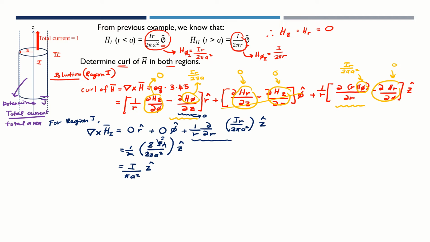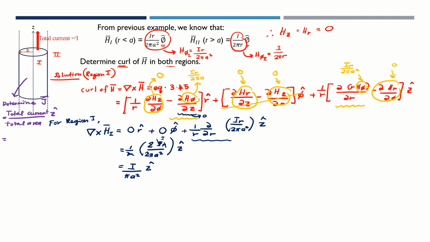And what is the direction of J? In this diagram the total current direction is the same as the z direction, so it will be in the z direction. If you are referring to other questions, you have to look at where the total current directions are. So the formula is total current over total area in the z direction.